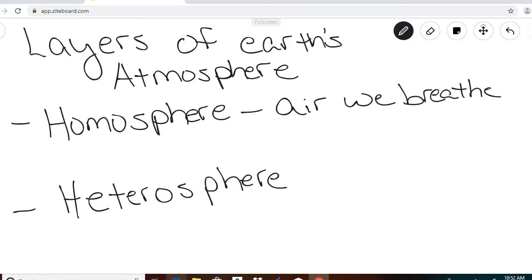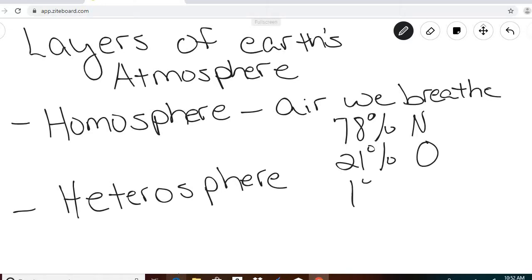and it's called homosphere because the distribution of the gases that make up the air in the homosphere will always be the same. So remember that we said that 78% of the air that we breathe is nitrogen, 21% is oxygen, and the remaining 1% are other gases.